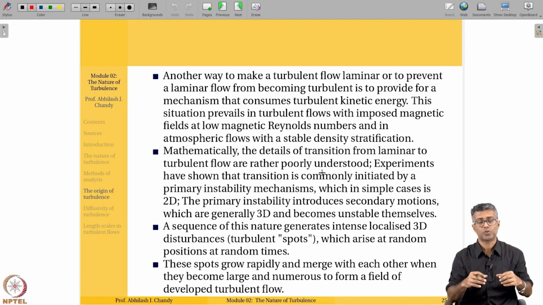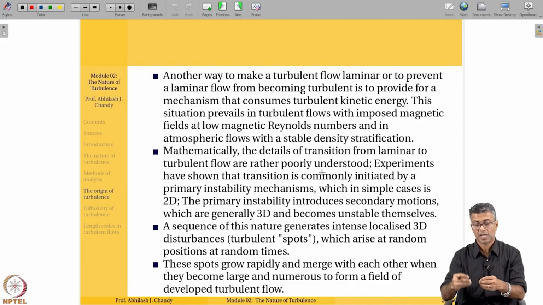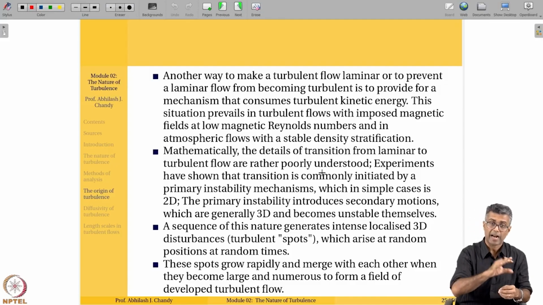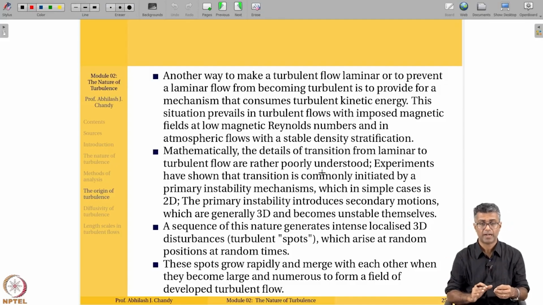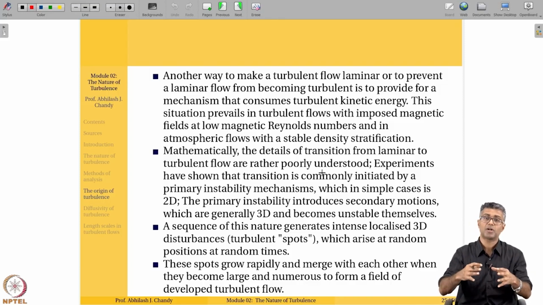In free shear flows, the instability mechanism is inviscid by nature. These eventually merge with other disturbances, other instabilities. They occur at random places at random times. They merge with other spots, become larger and propagate further, and eventually develop into a turbulent flow. So that is how turbulent flow originates.